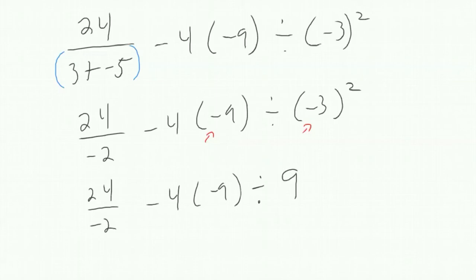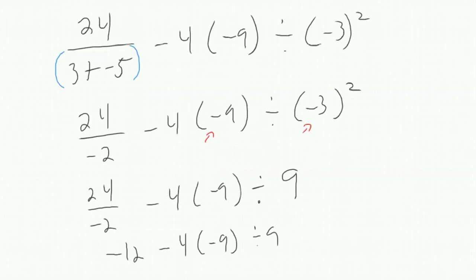So now I have 24 over -2 minus 4 times -9 divided by 9. So now 24 over -2 is a fraction that I have to simplify, or divide if you want to look at it that way. So 24 divided by -2 is a -12, minus 4 times a -9 divided by 9.